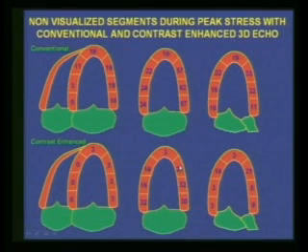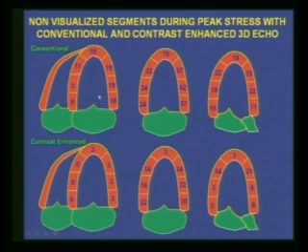And there was a study which showed that during dobutamine stress, at peak stress, when you do a contrast enhanced echo, the number of non-visualized segments is much less, whether you take the apical 4-chamber view, the 2-chamber view, or the apical long axis view.